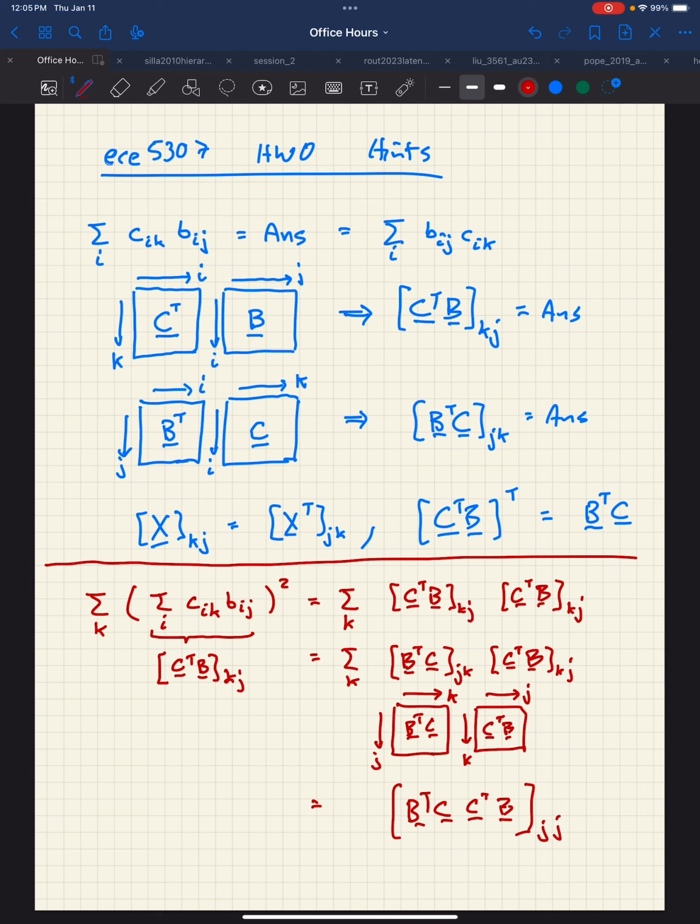So finally, what I've done is take this thing which has two summations and write it in terms of matrix quantities without using any summations at all. And this sort of thing is very useful in a lot of the lectures, homework assignments, and labs that we're going to have later in the term.